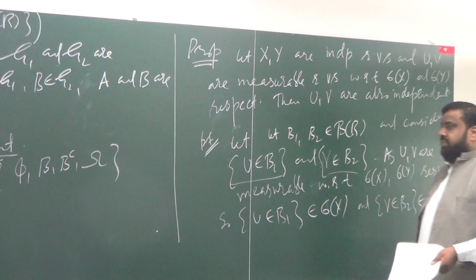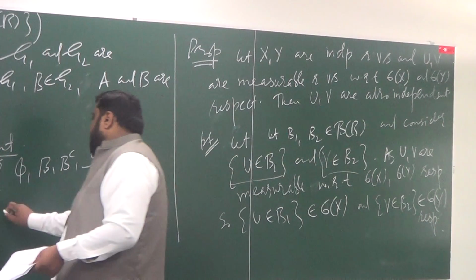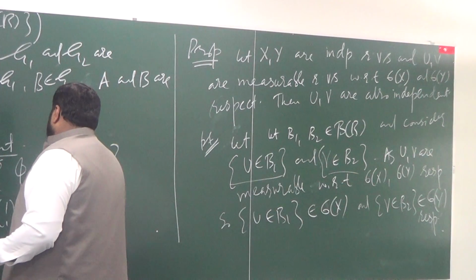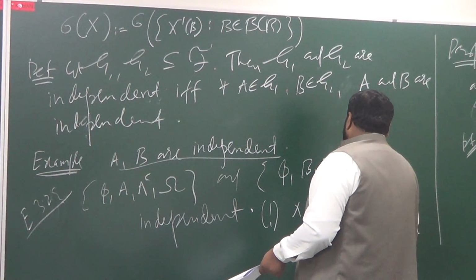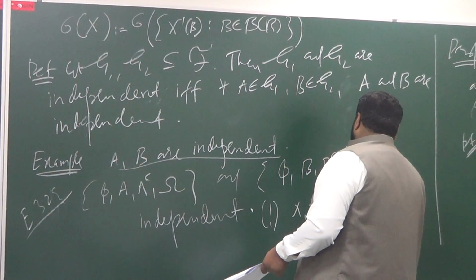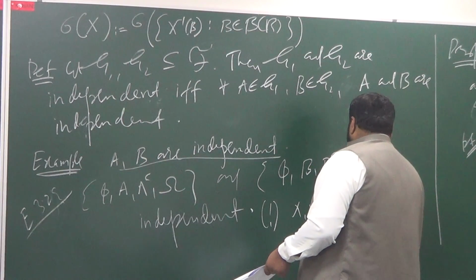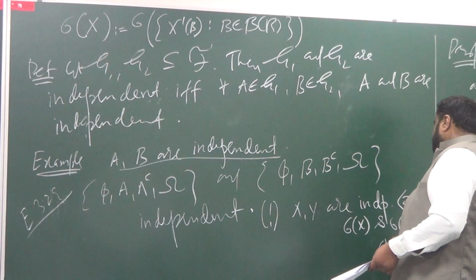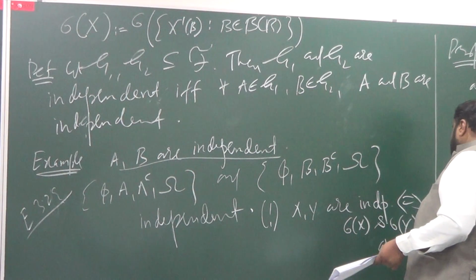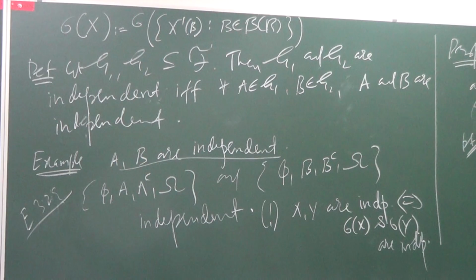So maybe one exercise that you can do is that X, Y are independent if and only if the sigma field generated by X and the sigma field generated by Y are independent. Let's do this exercise. This just follows from the definition. You don't have to do anything.